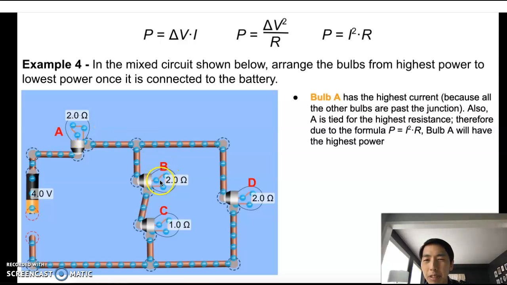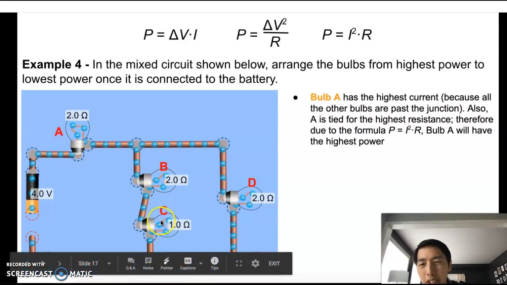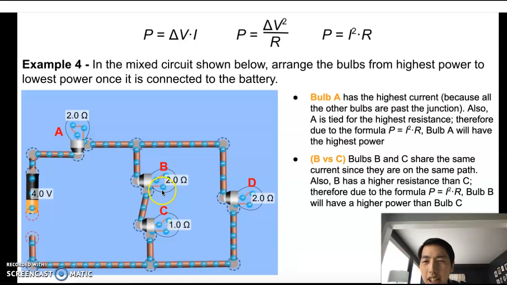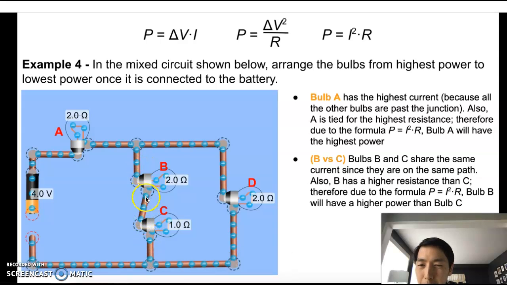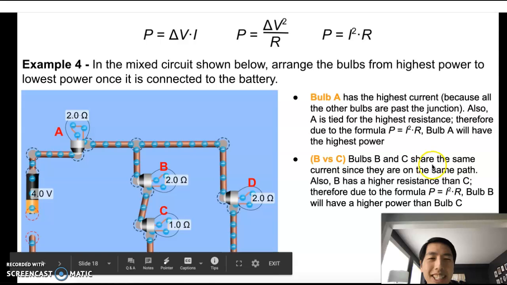Next, what about B, C, and D? Well, I'm going to compare B and C, first of all. B versus C. They're in the same pathway. Okay, what does it mean if they're in the same pathway? That means they have the same current. B and C have the same amount of amps going through them.